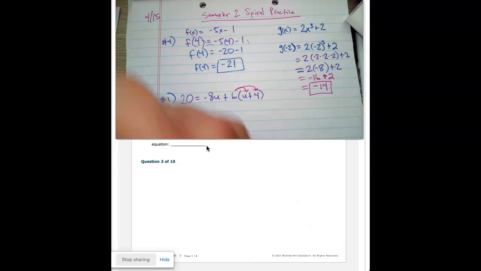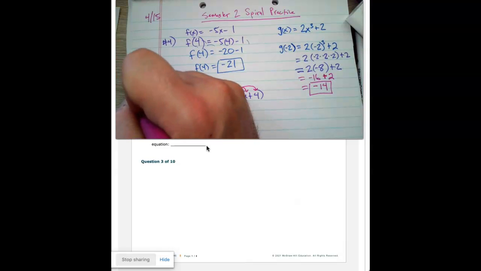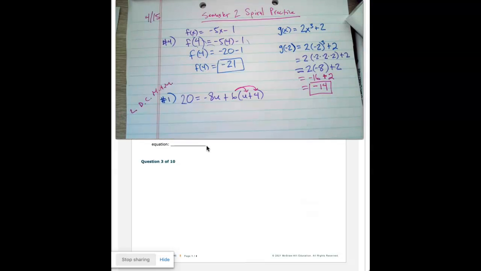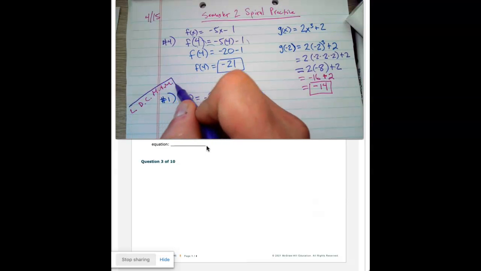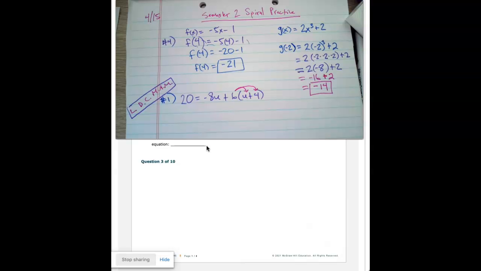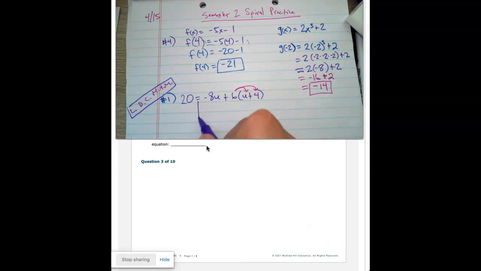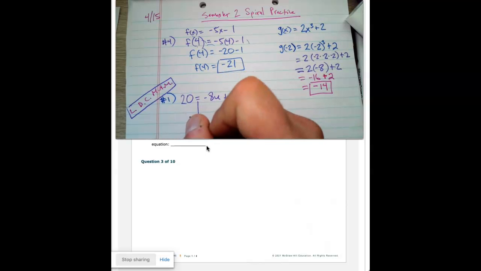So, let me also remind you guys, LDCMAN, okay? And this is what I use for my steps for solving an equation, right? L stands for line: I would probably normally like to draw a line down from the equal sign if it helps me to differentiate the left and right side.